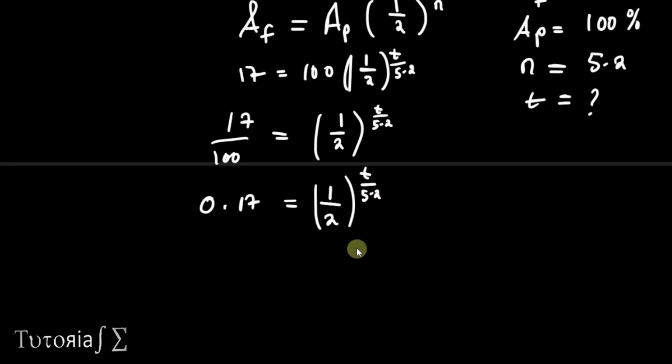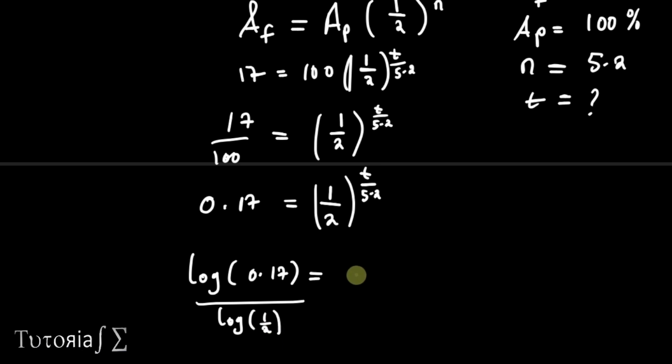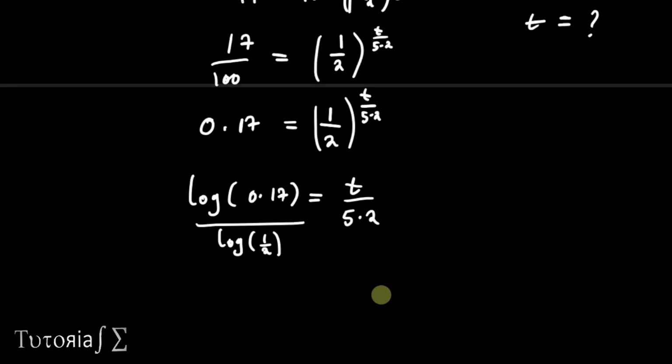Then we're supposed to do log of 0.17 over log of 1 over 2. The other side of the equation is going to be T over 5.2. Let's go step by step. When you simplify, what are you having? Log of 0.17 divided by log of 1 over 2.